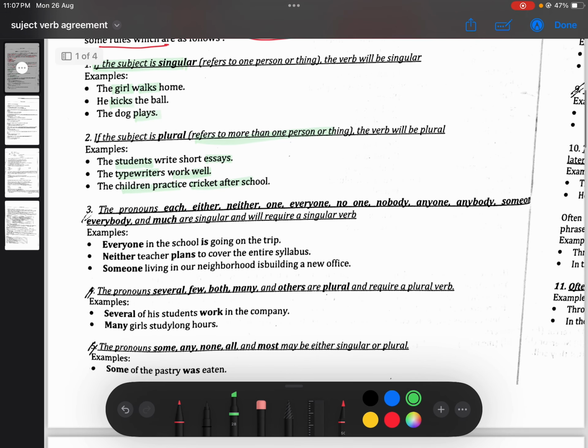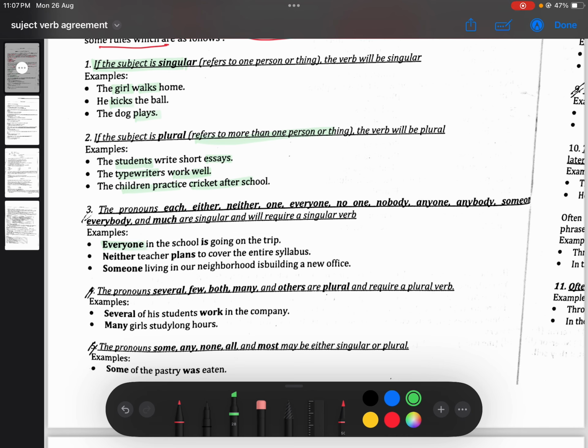Now the next rule. The pronouns each, either, neither, one, everyone, no one, nobody, anyone, anybody, someone, everybody and much are singular and will require a singular verb, because they are singular.